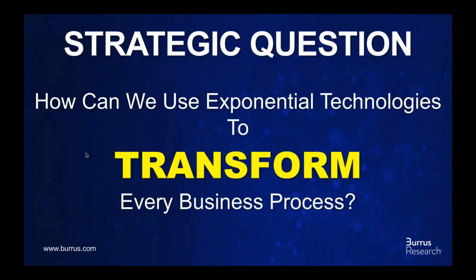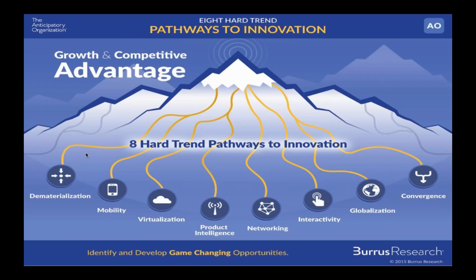So how can you use any of these technologies to transform every business process you have, whether it's Google Docs and the Google platform, or Microsoft Office 365? All the new tools allow you to collaborate and accelerate all kinds of things. And this is some stuff that's really for you to use after today.